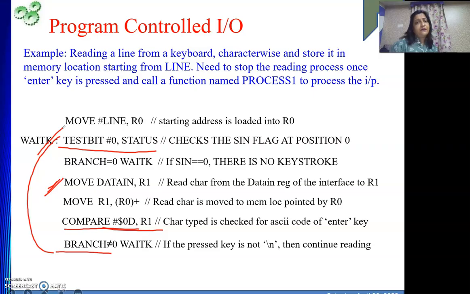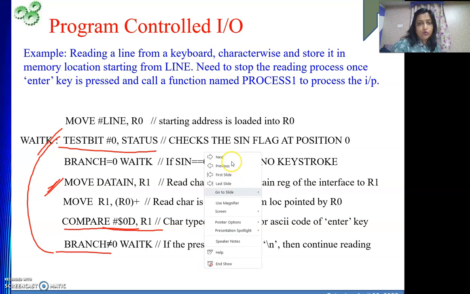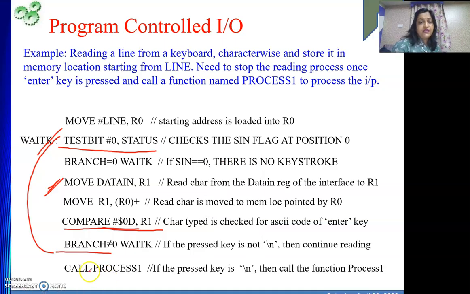If it is 0, that means what? Your reading of characters is over. If the typed character is a new line, then we need to stop, because our stopping condition is till you press the enter key. So once the enter key is pressed, we will stop. After that, we are calling a function, process1, to do the next set of processing.